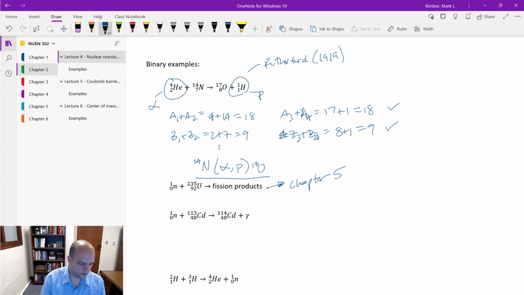Another one is neutron capture, and we might see this in some cadmium control rods. We've got a neutron and cadmium-113 that accepts the neutron, gives off some gamma energy, but then becomes cadmium-114. This is what the shorthand would look like there.